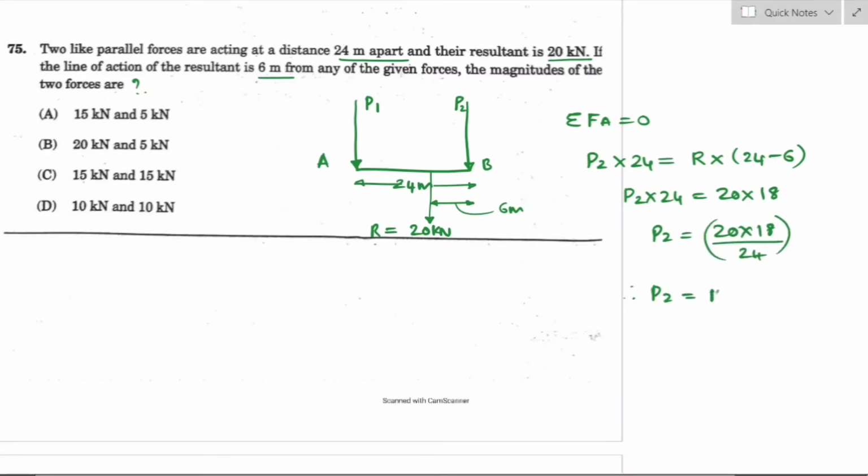P2 is equal to 15 kN. P1 plus P2 is equal to 20 kN. P1 value is 20 kN minus 15 kN. Therefore, P1 value will be 5 kN. So option A is the right answer. 15 kN and 5 kN.